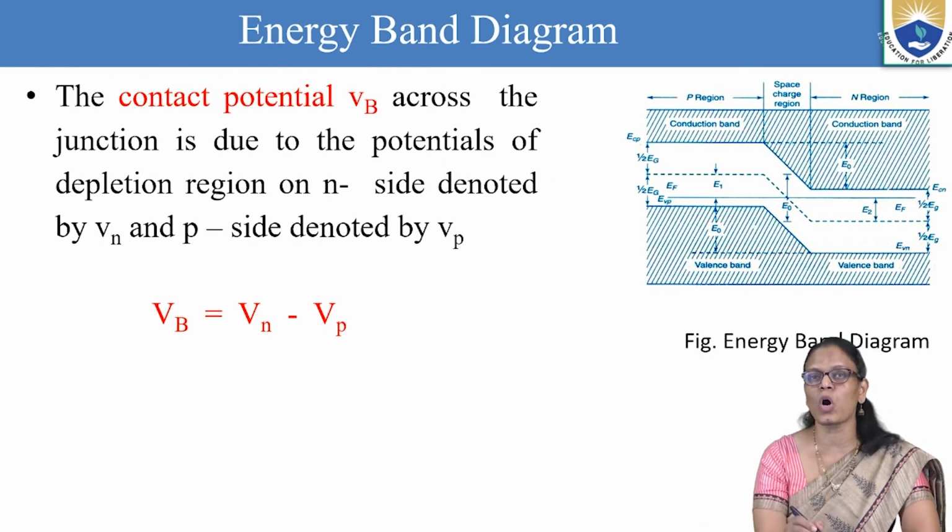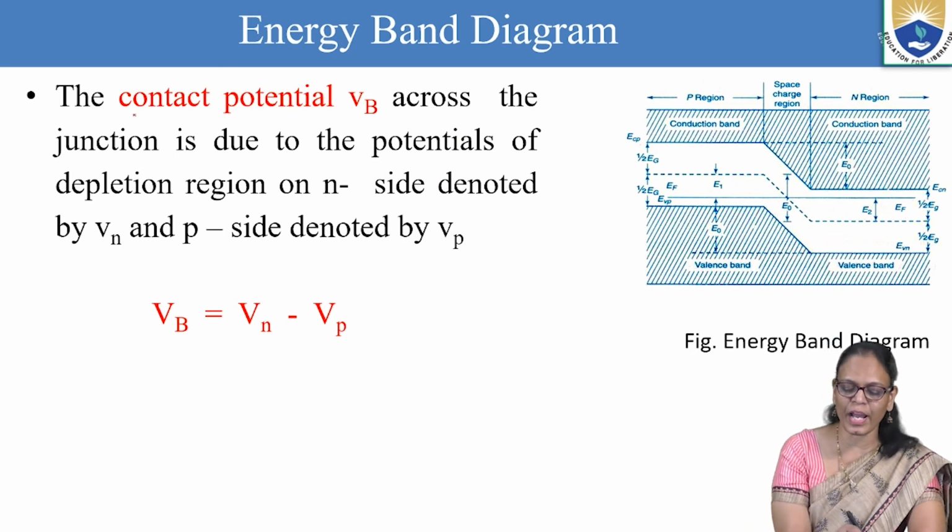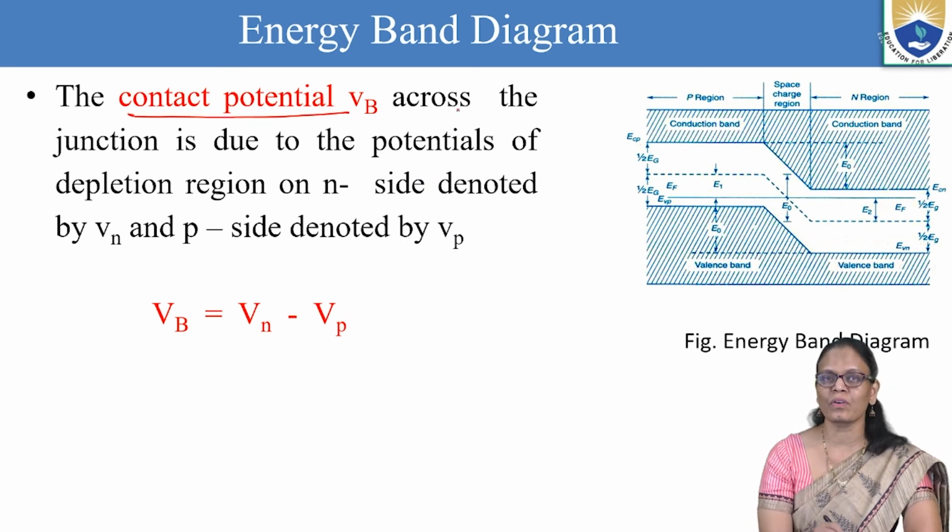So what about the contact potential? The contact potential Vb across the junction is due to the potentials of the depleted region on the N side, denoted by Vn. So Vn denotes the potential on the N side and Vp denotes the potential on the P side.